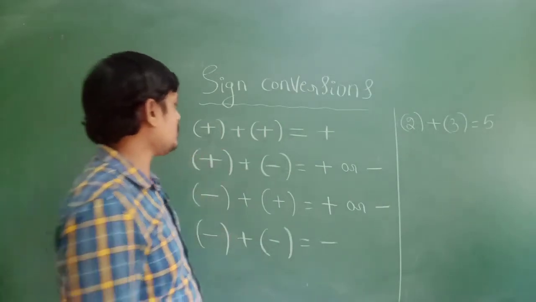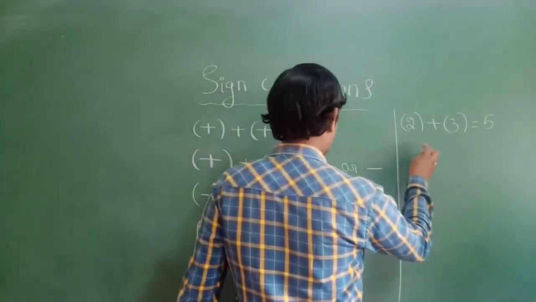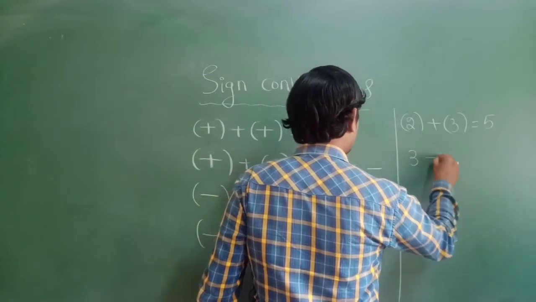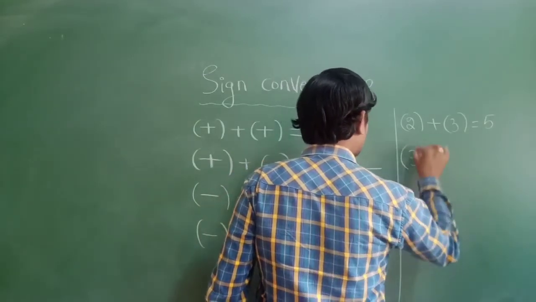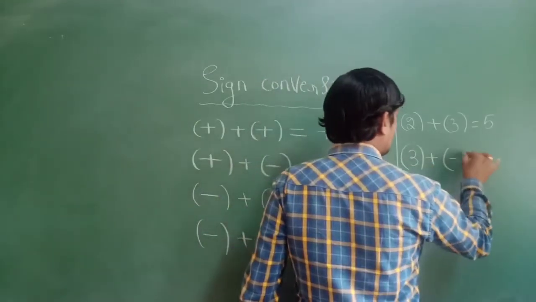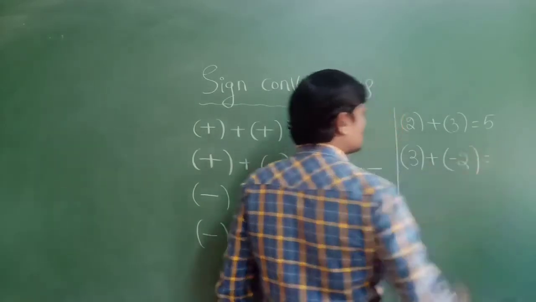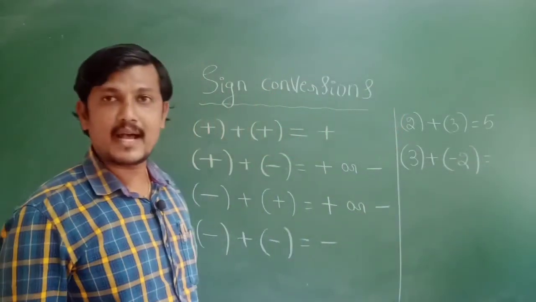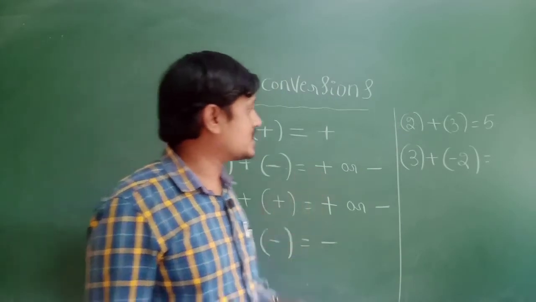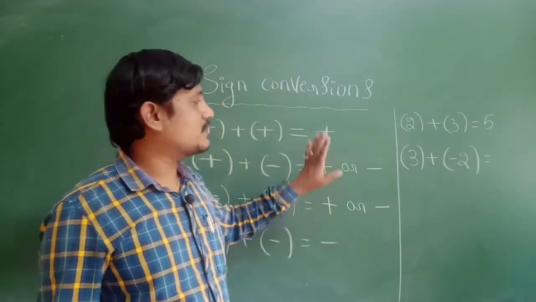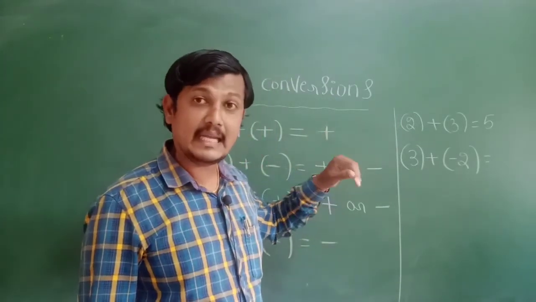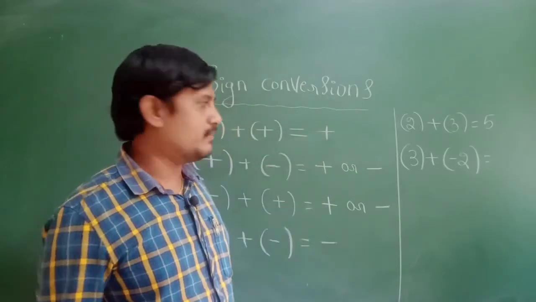Next here consider this one, 3 plus minus 2. What is the answer here? In this case it may be positive or it may be negative, depends upon the number.